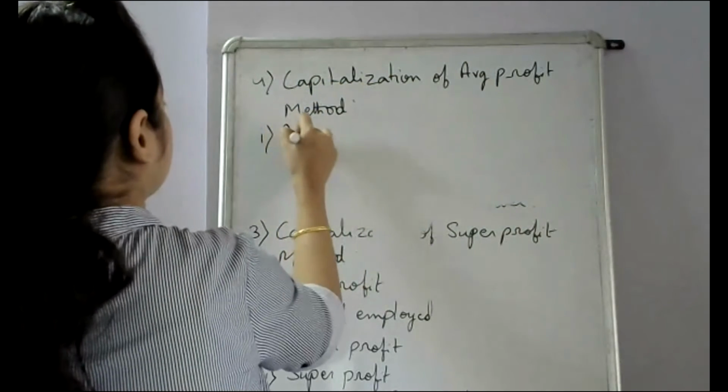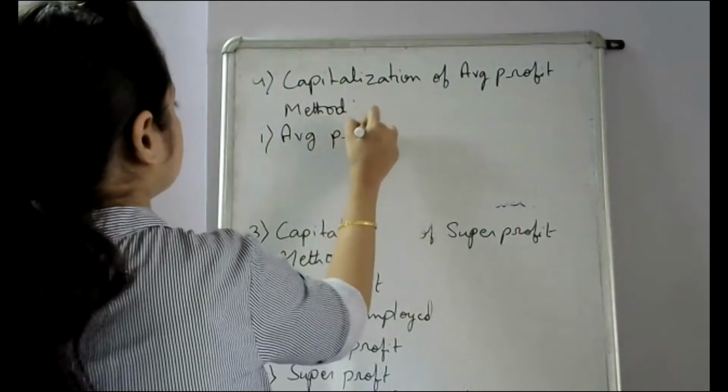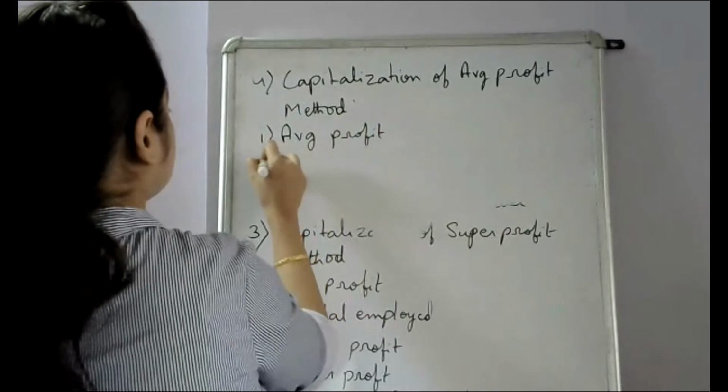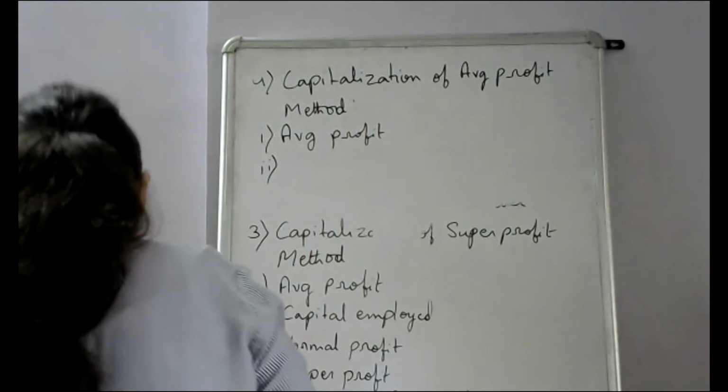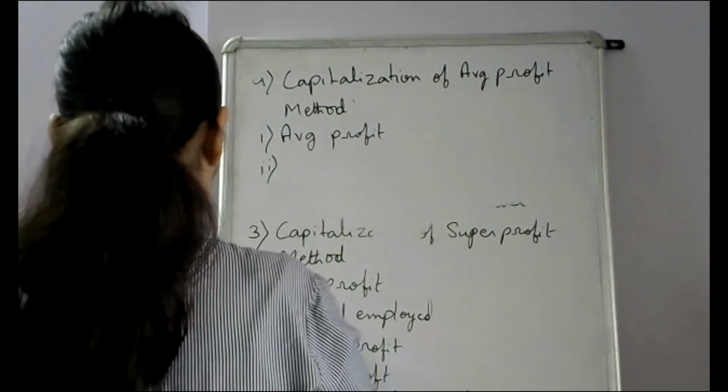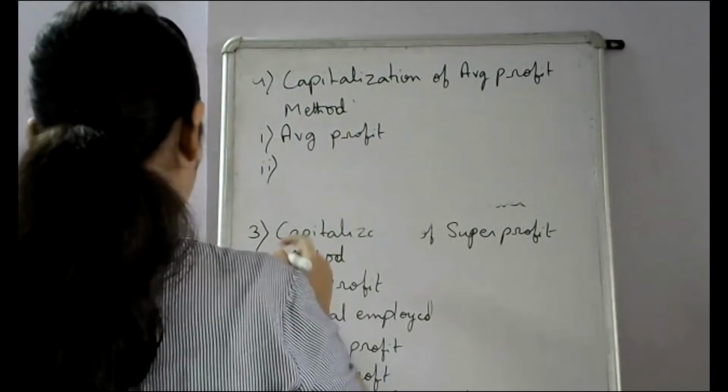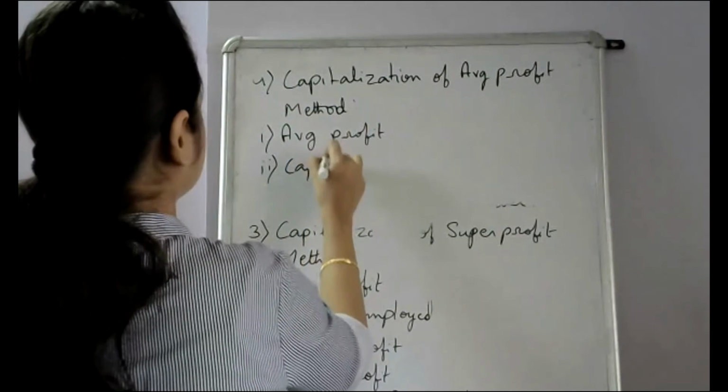Roman 1 is average profit. Roman 2 is capital employed.